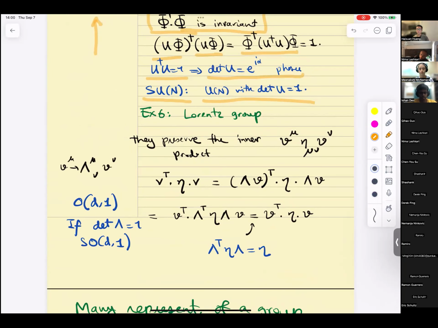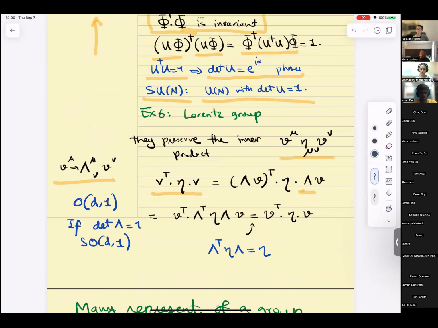You define your inner product this way, using a Lorentzian metric. And this is your inner product. These are real vectors, say. So a transformation I'm going to represent using these matrices lambda. These are Lorentz transformation matrices.